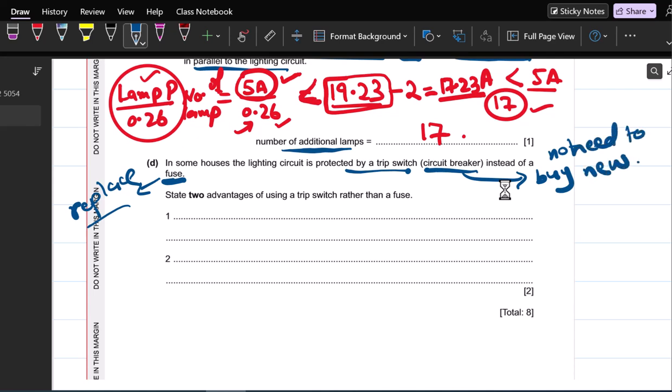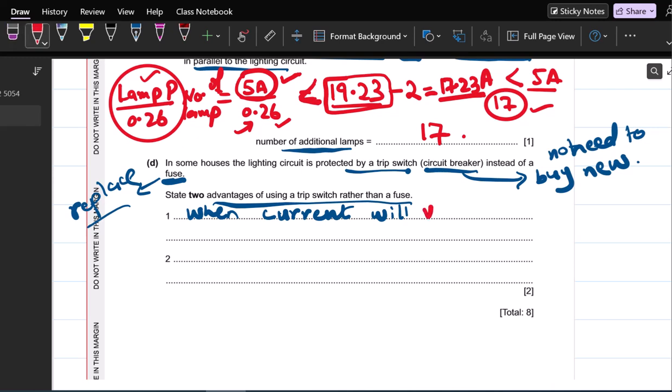So what are the advantages? One I have told you. So you can write when current will fluctuate, or you can say when current will differ. Okay, rather than differ, we will be saying vary.